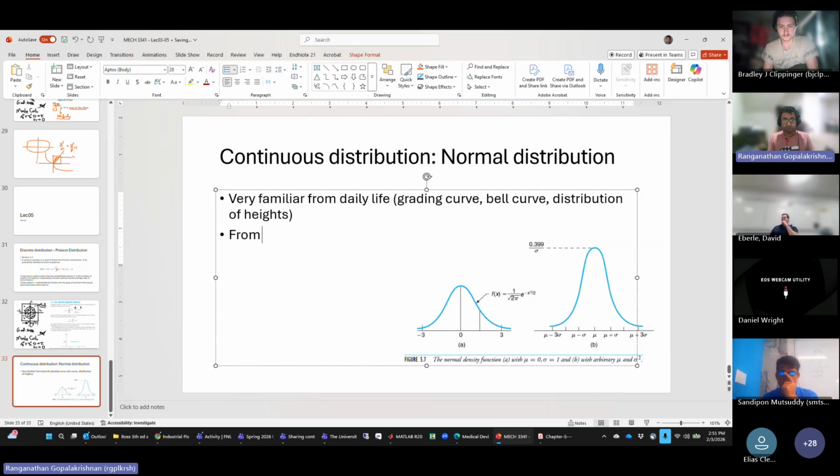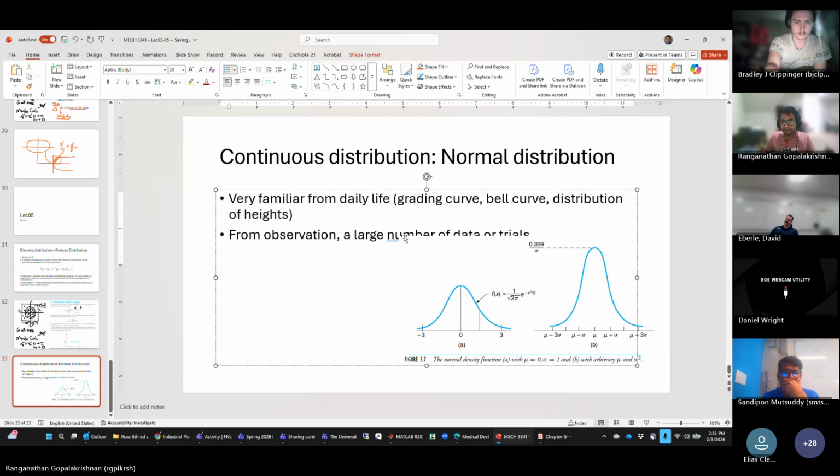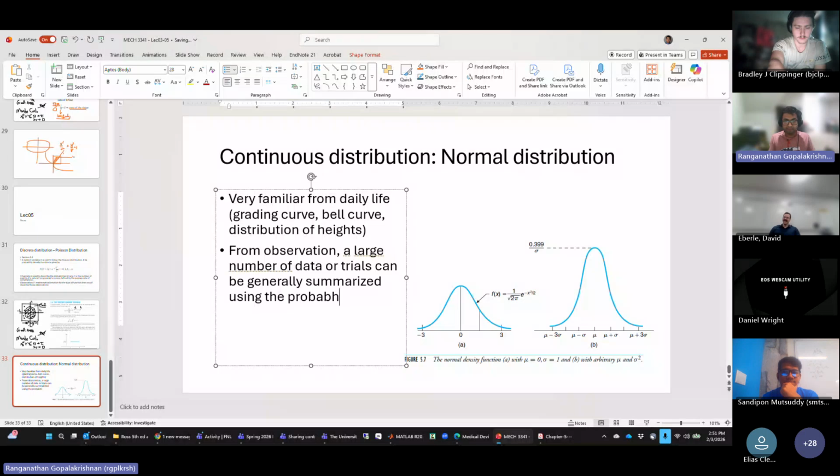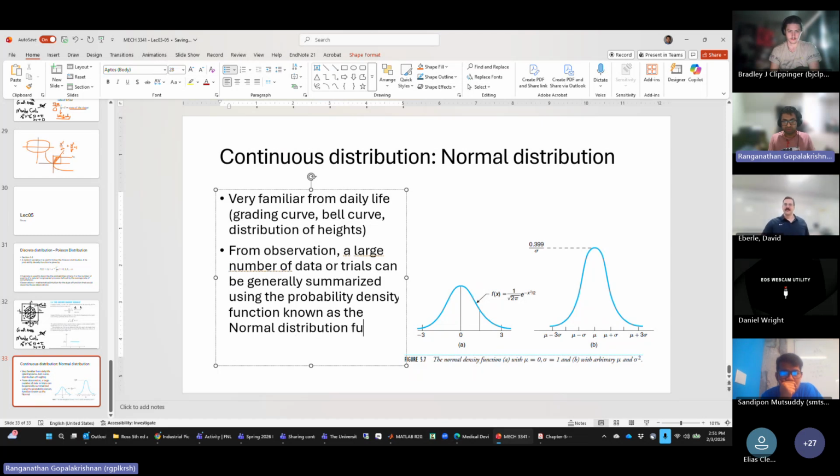Okay, from observation, a large number of data or trials can be generally summarized using the probability density function known as the normal distribution function.